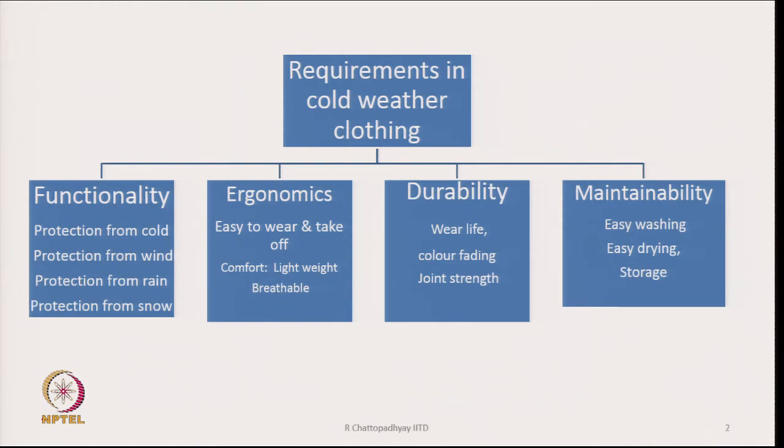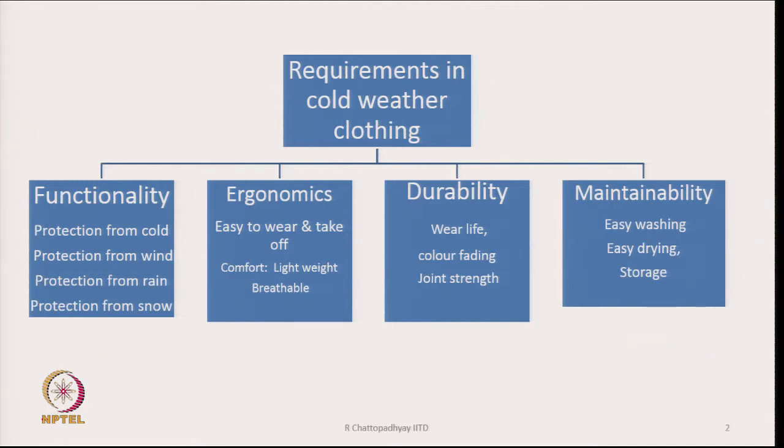From the functionality point of view, what is important? As listed in this particular diagram, you can see it: protection from cold, because it is winter. That is a primary requirement, followed by protection from wind, because if somebody moves out of the residence, then the wind may be blowing.